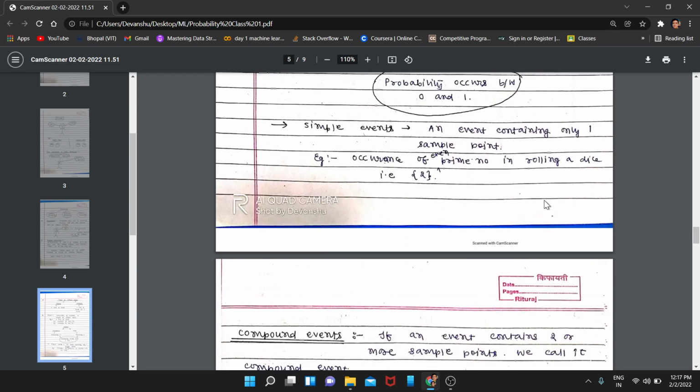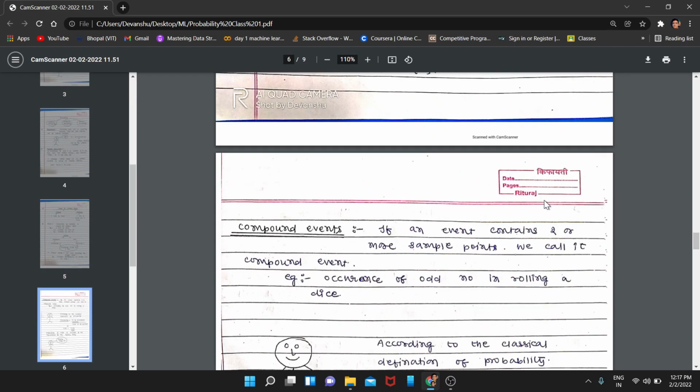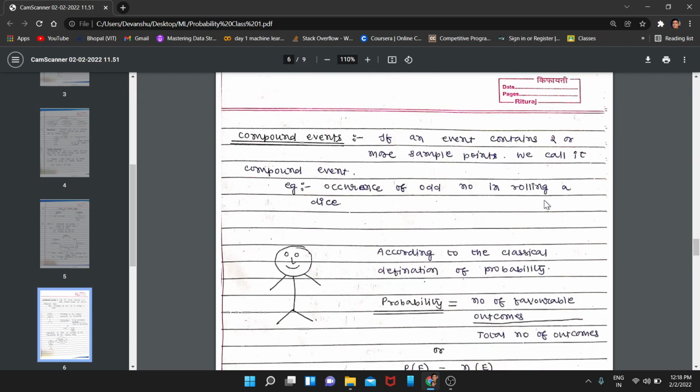On the contrary, there are compound events. If an event contains two or more sample points, we call it a compound event. For example, the occurrence of an odd number in rolling a dice, that is 1, 3 and 5, we call a compound event.